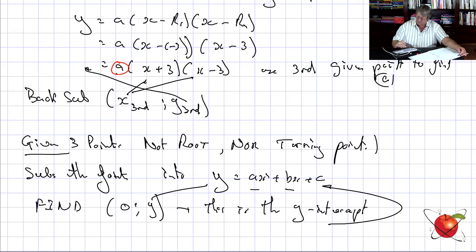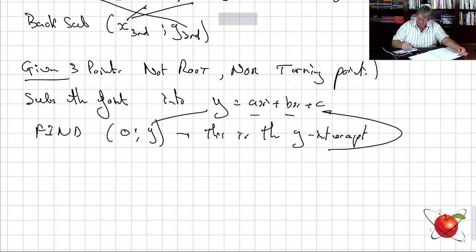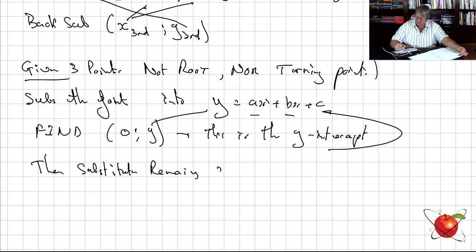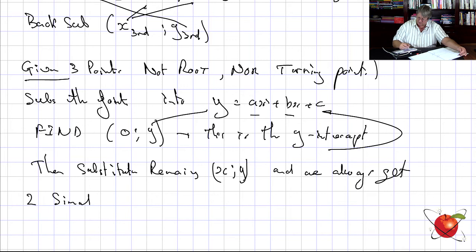Okay. The next step is then substitute the remaining points x and y, and we always get 2 simultaneous equations.